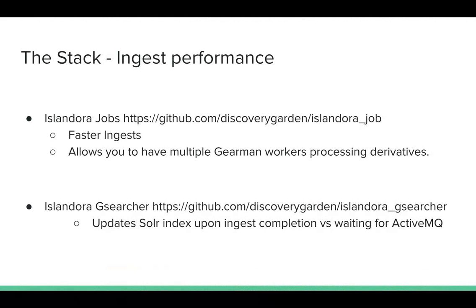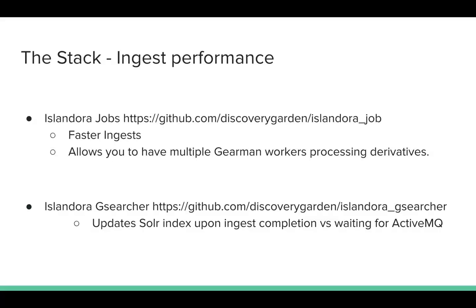Okay, next I'd like to talk a little bit about ingest and updating the index, the performance around that. Here's a couple different modules from Discovery Garden that I would recommend you use. In particular, if you have a server with a lot of CPUs and you're not making good use of them, Islandora job is great because you could set up Gearman, so it's actually making use of all your CPUs.